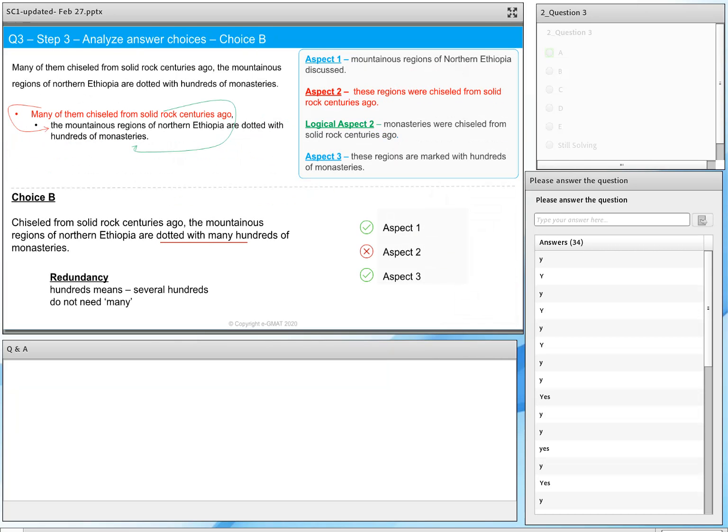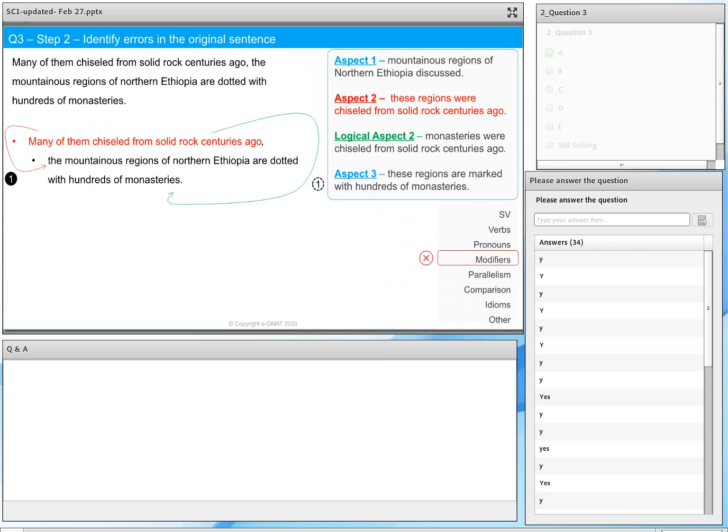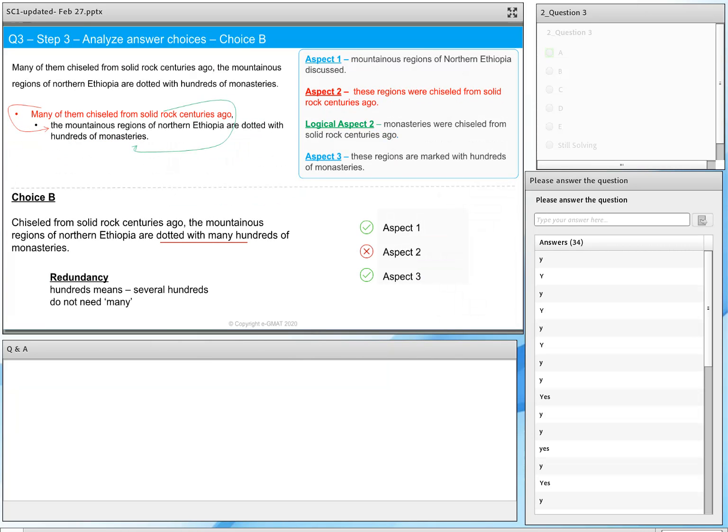So choice A is definitely out because we know that it is not the correct answer. Let me broadcast the result here. Just one of you chose choice A. Very good. You all rejected choice B also because once again, we have an issue with chiseled from solid rock talking about the mountainous regions.